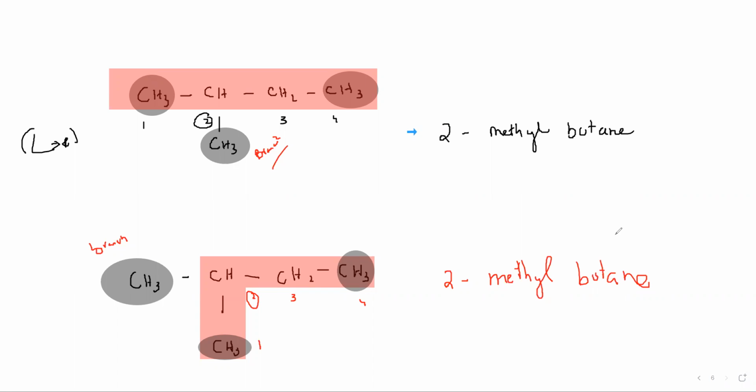So this is how we name branched alkanes. Draw these structures, copy the structures. Better draw both of them so you can recall the idea when you revise organic chemistry naming: if you select the longest chain either way, you will get the same answer.